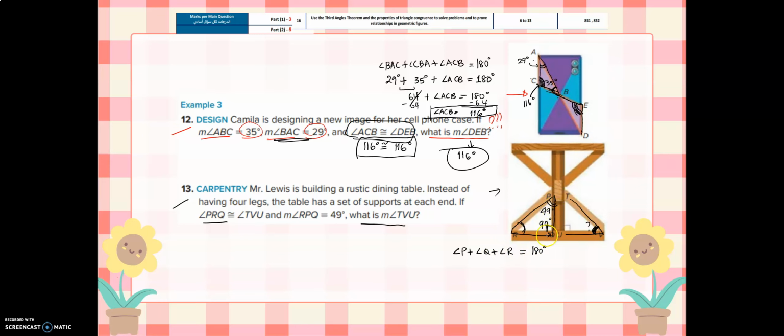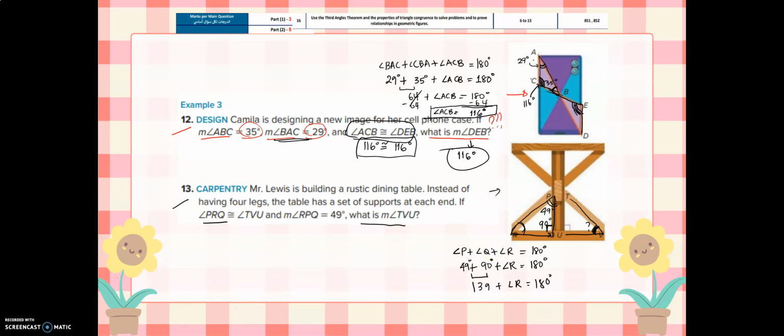We all know that the sum of the measures of all the angles of a triangle is equal to 180 degrees. So angle P is 49 degrees plus angle Q is 90 degrees plus angle R is unknown, and this is equal to 180. If we add these two, we will have 139 plus angle R equal to 180.